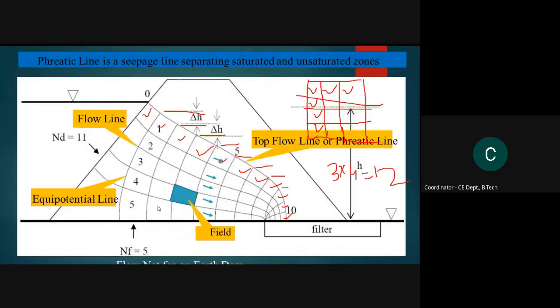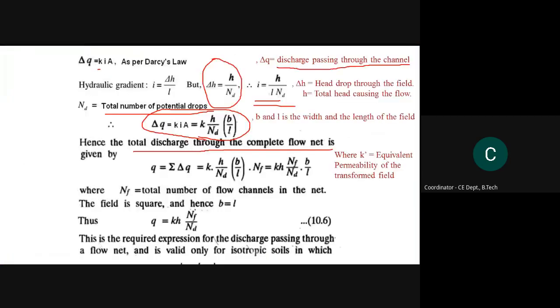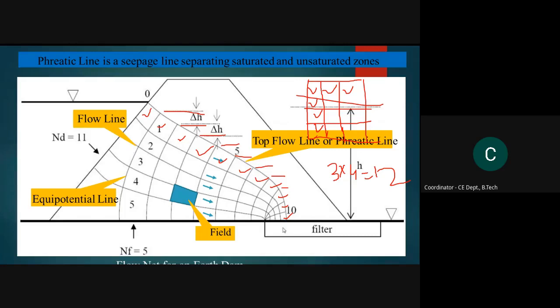If you are asked to evaluate the total discharge, then you multiply by the 5 flow channels. So NF is multiplied with this part, and the total matrix is multiplied by this part. In this manner you can get the total amount of discharge, similar to this chocolate example.